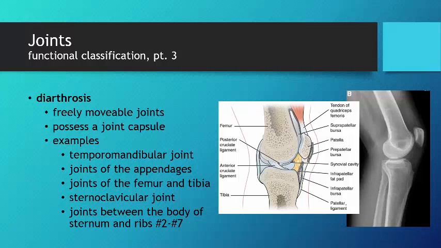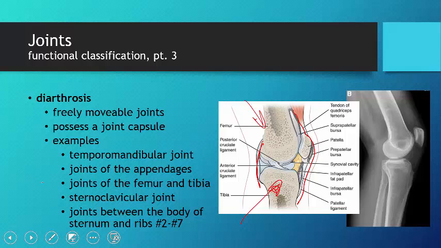All the joints in the appendages are diarthroses. The joints of the femur and the tibia. So here is that joint being diagrammed. We have the femur atop, here's the tibia distal, and everything inside of this capsule. Here's the capsule, it goes all the way up here. So all of that would be considered the joint between the femur and the tibia.